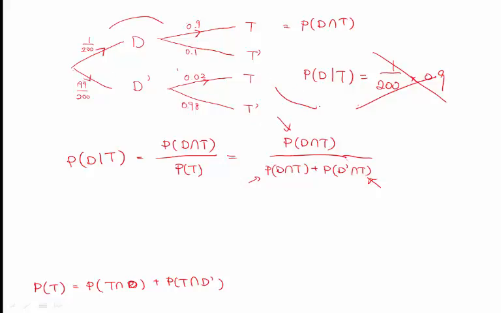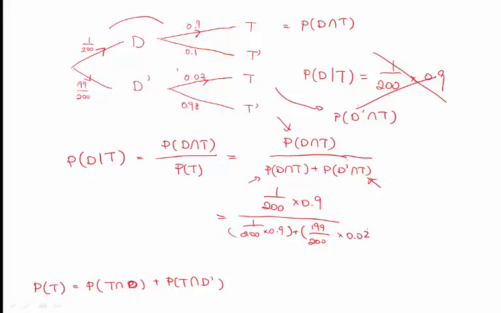To combine the two together, the answer is 1 over 200 multiplied by 0.9, going down these two paths, over 1 over 200 multiplied by 0.9, I'm just going to bracket it, plus 199 over 200 multiplied by 0.02. And this should give you an answer of 0.184 rounded to 3 SF.